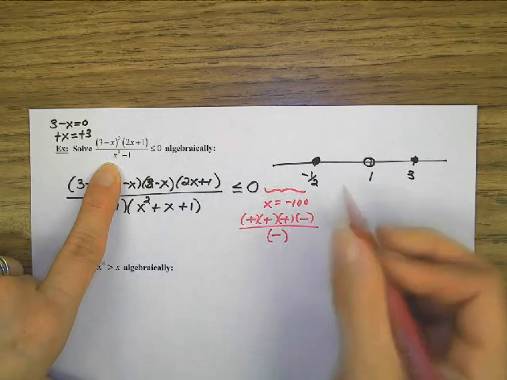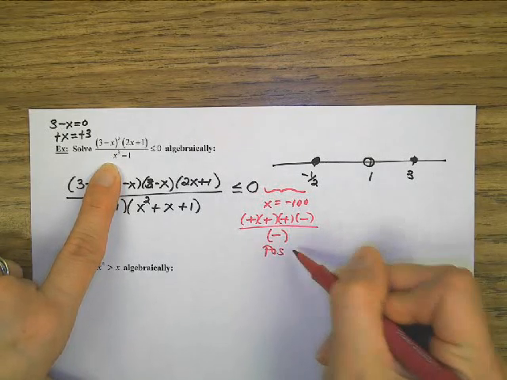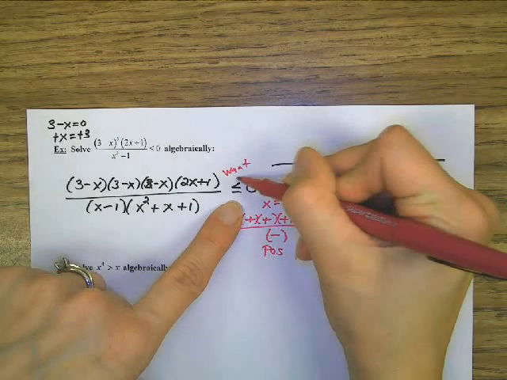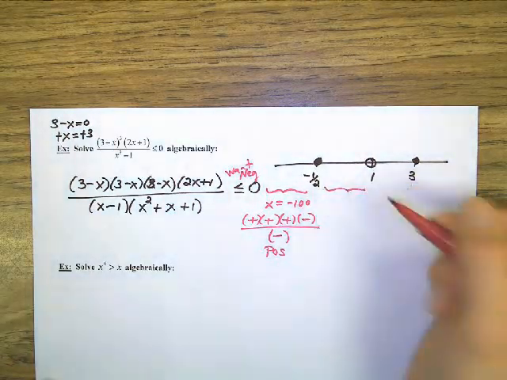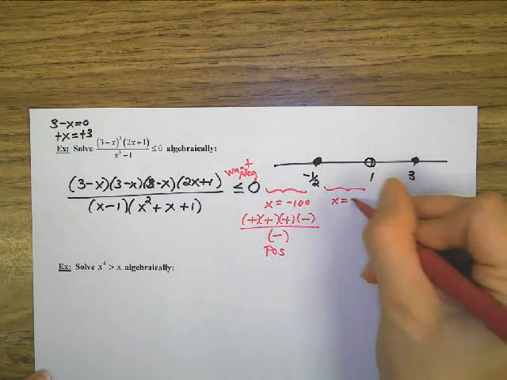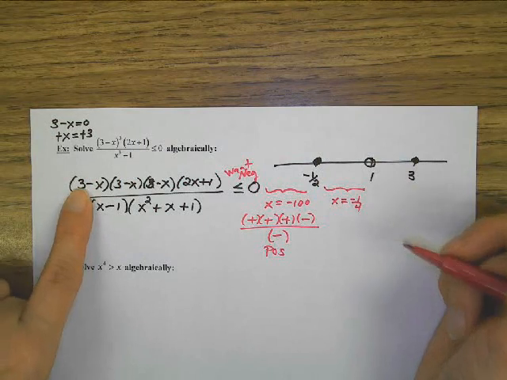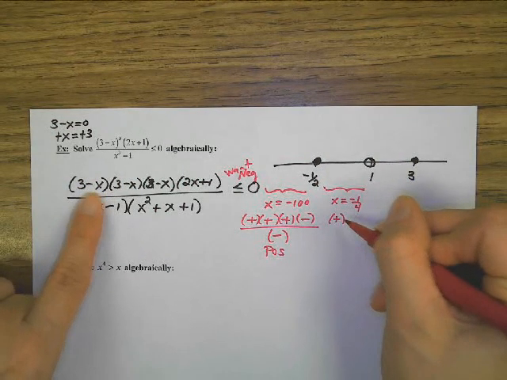Right here, oh goodness, what are we going to test? Negative 1/4. All right, negative 1/4. 3 minus a negative. Well, that's going to be positive. Positive, positive, positive. What's this factor here going to be? Negative 1/2 plus 1. That's going to be positive. Let's go up here. A negative 1/4.